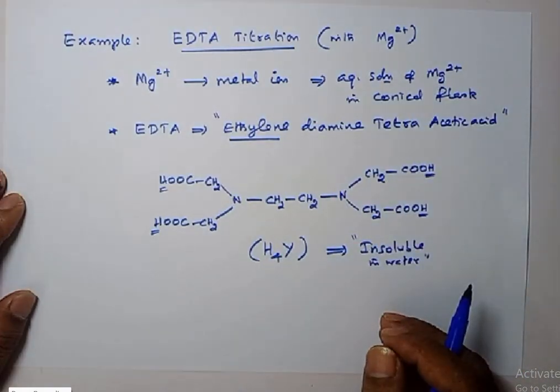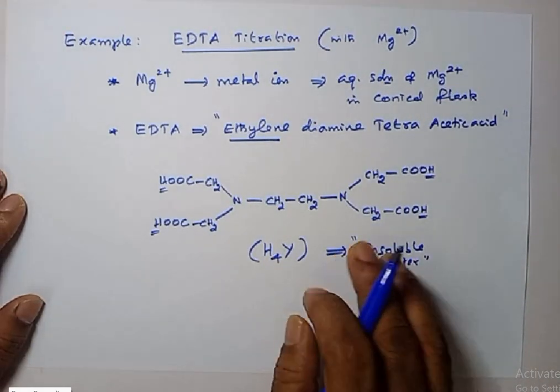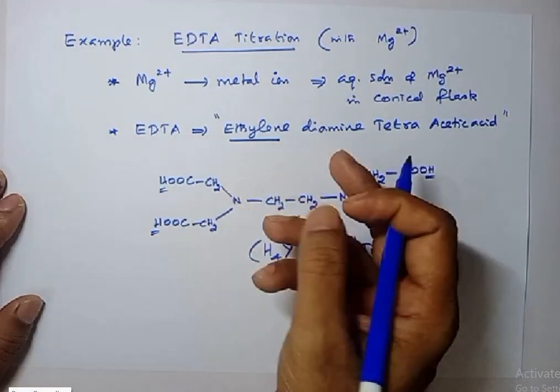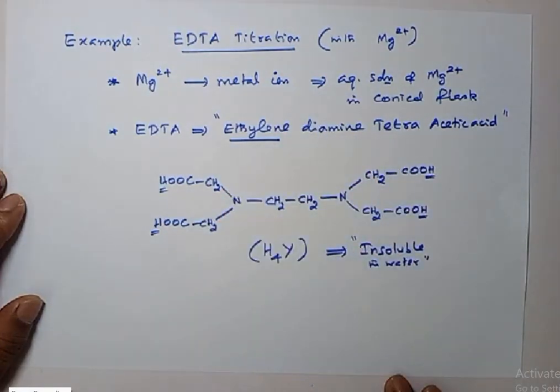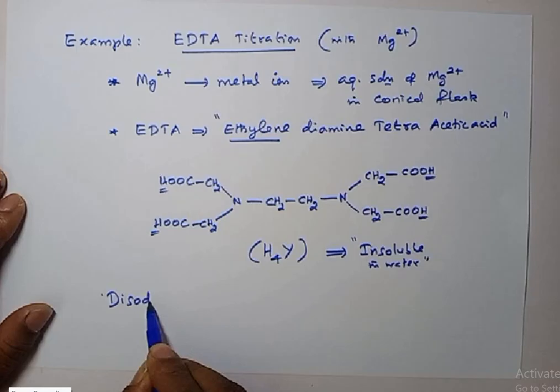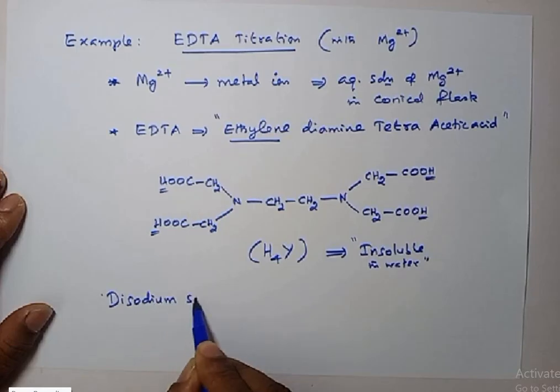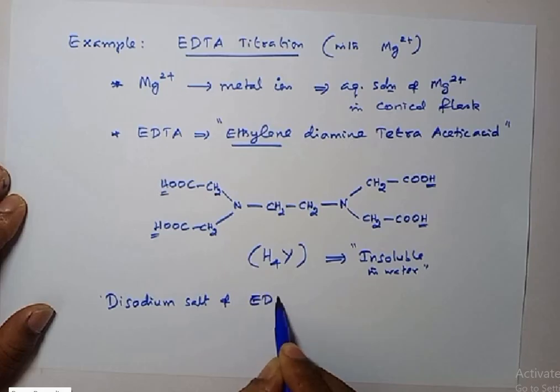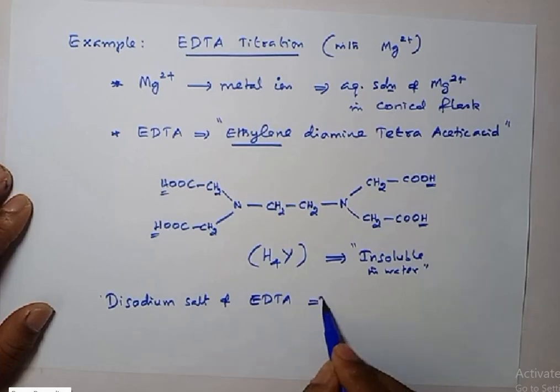So what we should do is take the disodium salt of this acid. Let me write this as the disodium salt of EDTA. What should we do?